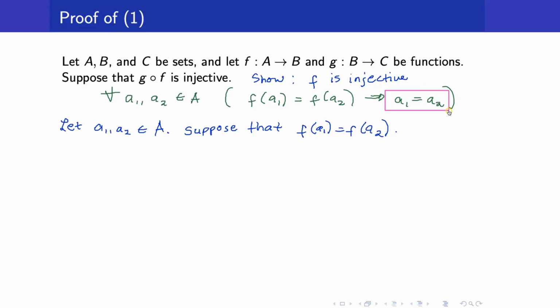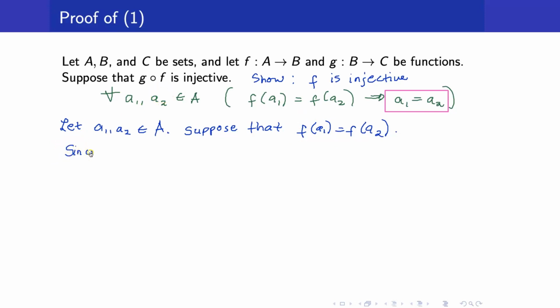We want to show that a1 is equal to a2. In order to have g circle f, I will apply g to both sides. And will I be sure that this is true? Will I be sure that the resulting elements will still be equal? Yes, because g is a function.